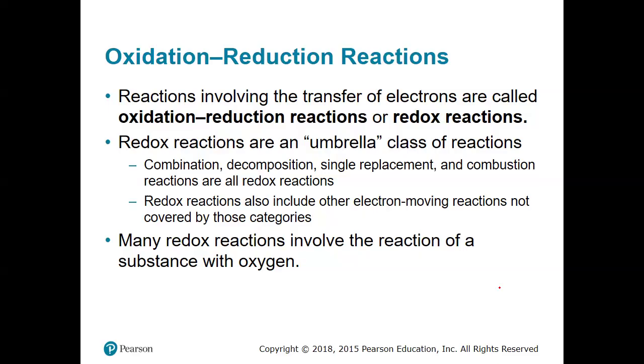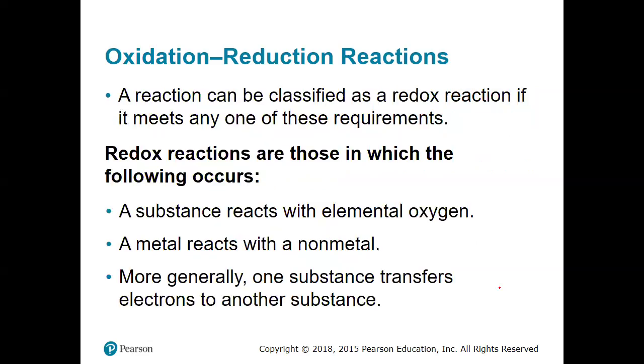But if we're just trying to figure out what is a redox reaction versus not a redox reaction, there are some characteristic things that we can look for. Those characteristic things are these three. If we see a substance reacting with elemental oxygen, that is a dead giveaway that I'm talking about a redox reaction.